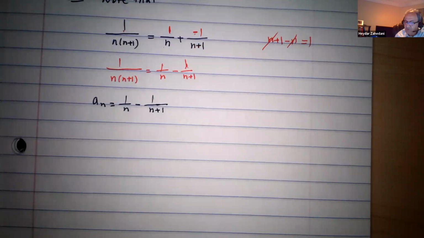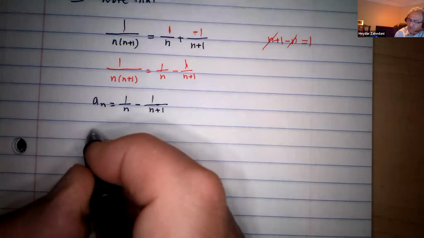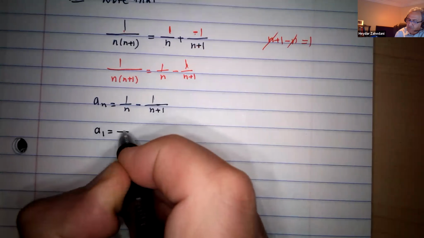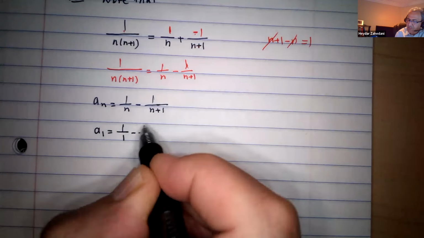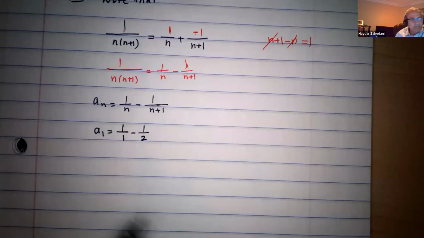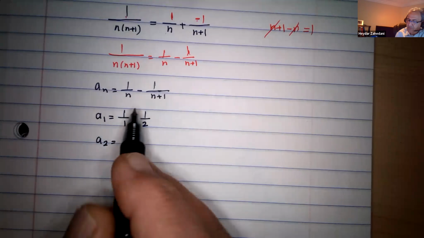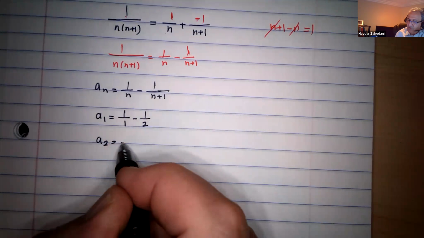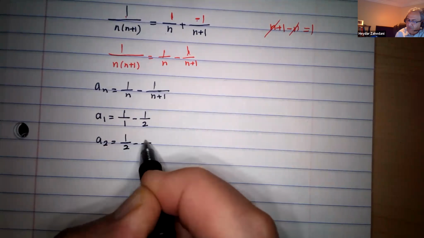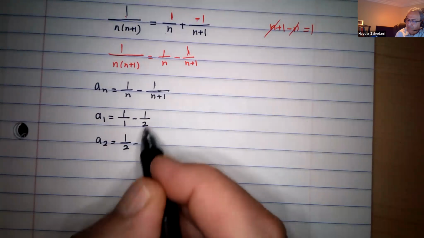Write a couple of terms to see how this series would behave. So we go with a1, which is 1 over 1 minus 1 over 1 plus 1, which is 2. We go with a2, replace the n by 2. So that gives you 1/2 minus 1 over 2 plus 1, which is 3.